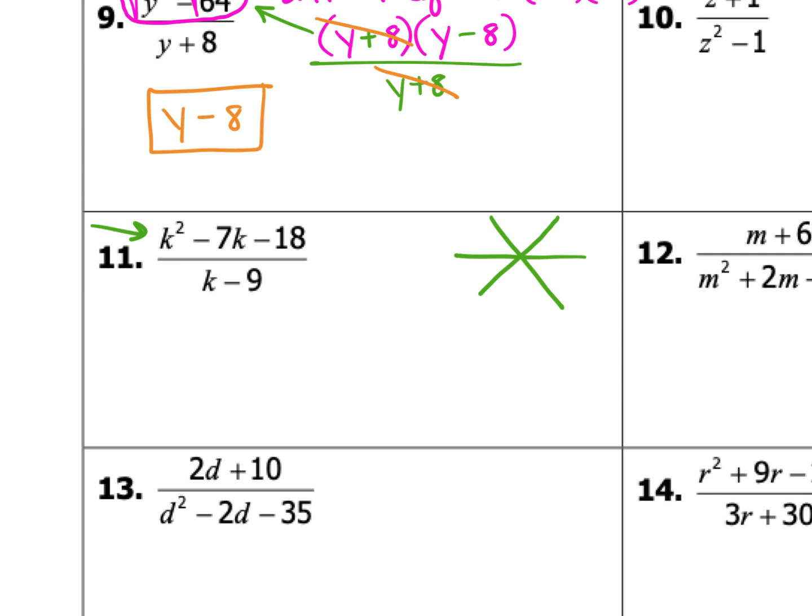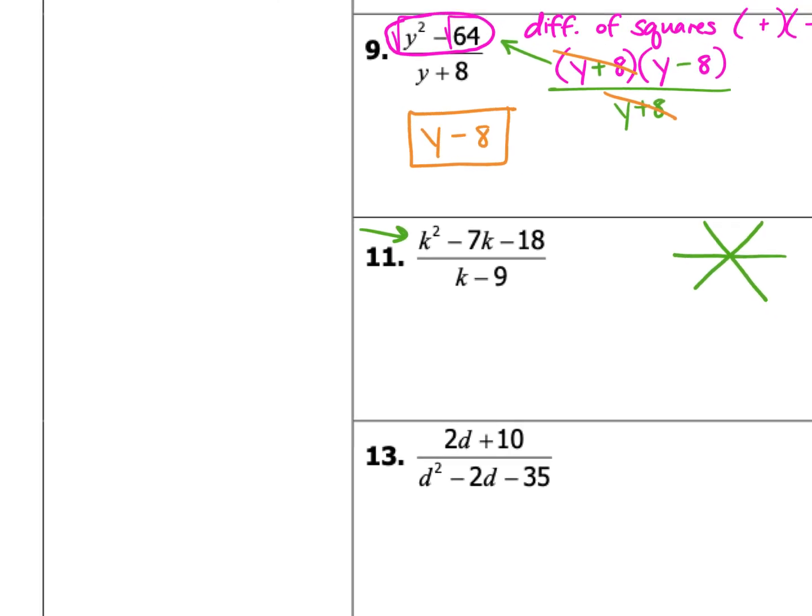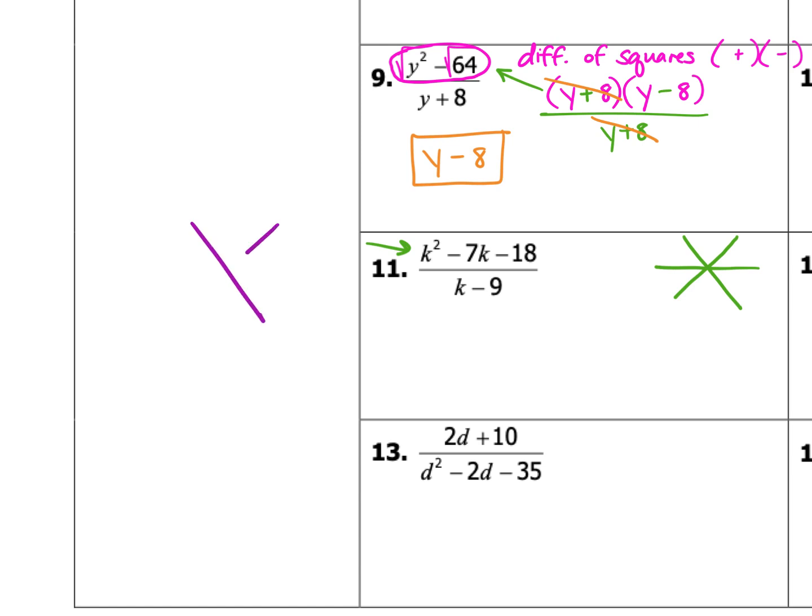I'm just going to give you the basic setup for this one over here first for star method. Remember, star method is A times C on top, B on bottom, A here, and then these are the two numbers you're trying to find. And you're asking, what can I multiply to get that top number that I can add to get the bottom number?